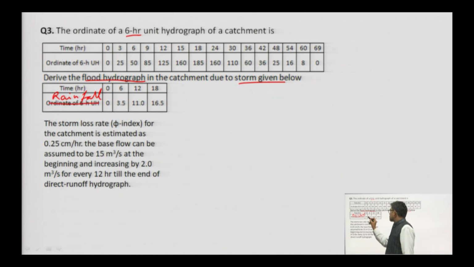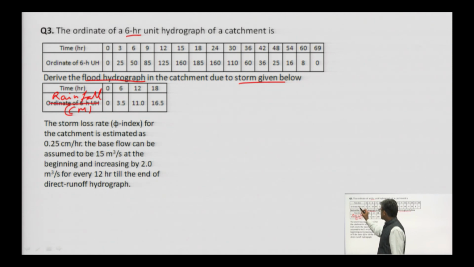At time t equal to 0, it is 0, at t equal to 6, it is 3.5, at t equal to 12, it is 11 centimeter, and at t equal to 18, it is 16.5 centimeter. Cumulative data has been given.